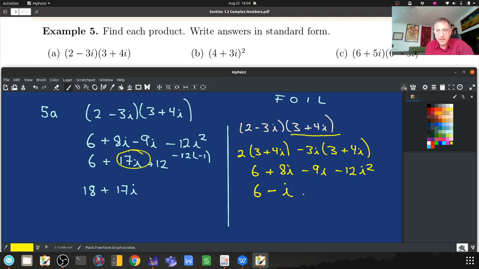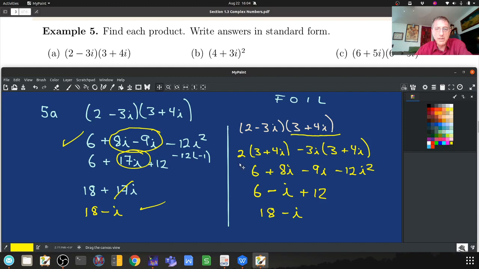Minus i plus 12. So it's 18 minus i. Yeah, that was the problem right there. So we discovered it, and that should be 18 minus i. And what I have written in the notes is indeed correct. Sorry about that. I didn't see that. I wasn't paying attention to the negative.